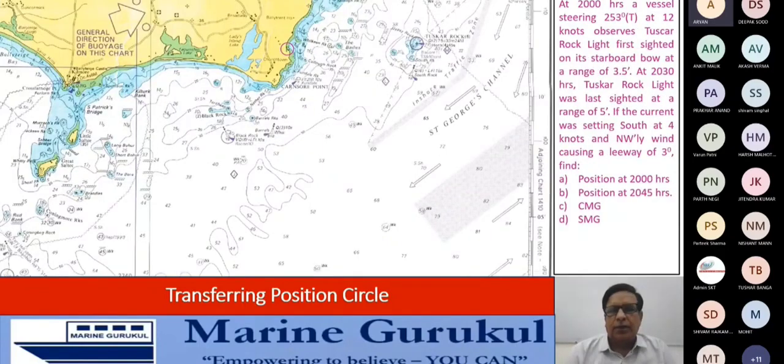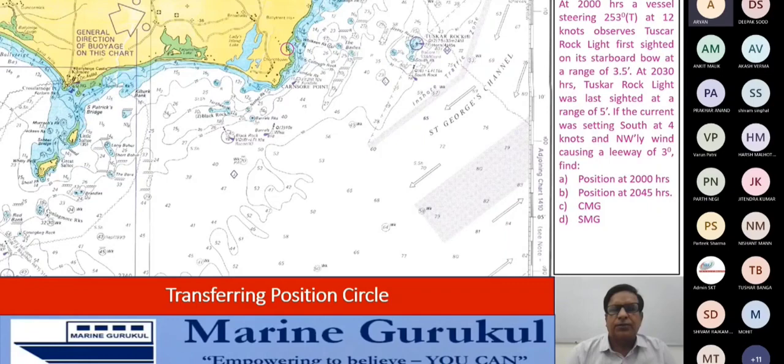At 2000 hours, a vessel steering 253 degrees true at 12 knots observes Tusker Rock Light first sighted on its starboard bow at a range of 3.5 miles. At 2030 hours, Tusker Rock Light was last sighted at a range of 5 miles. If the current during this period was setting south at 4 knots and a northwesterly wind caused a leeway of 3 degrees, we need to find position at 2000 hours, position at 2045, course made good, and the speed made good.